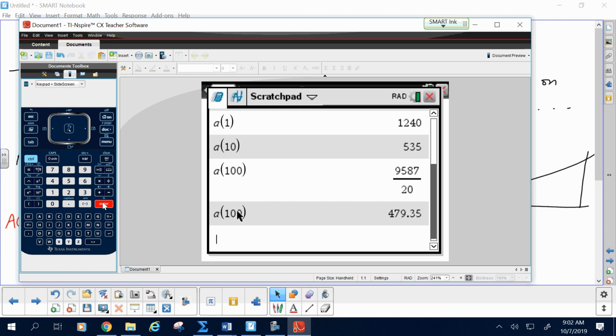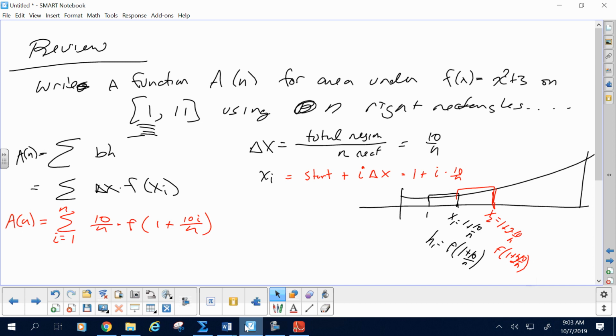So if I told you this, then you should tell me, oh, that was a person finding area under e to the x on 2 to 6. With me? Okay.